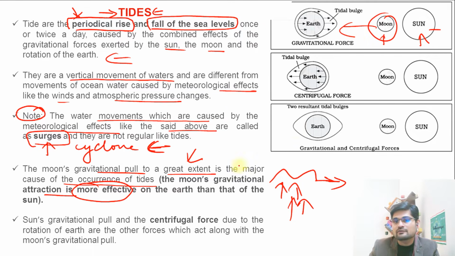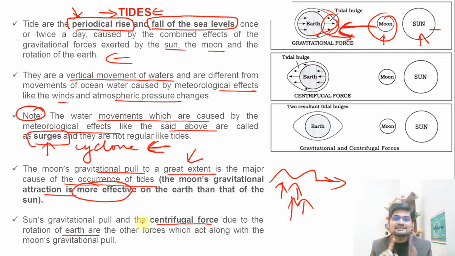So distance plays a pivotal role. Because the moon is close to the earth, it has more influence on the earth, and that's why it attracts the water, and that's why these waters surge up. That is in the form of tides. So the sun's gravitational pull, that is also the centrifugal force due to the rotation of the earth, is where it attracts and also leads to the tidal formation.